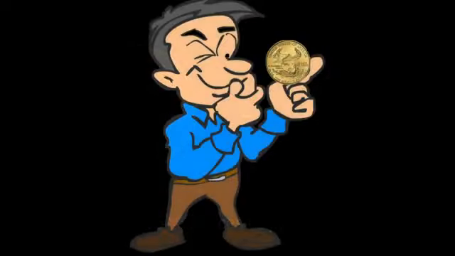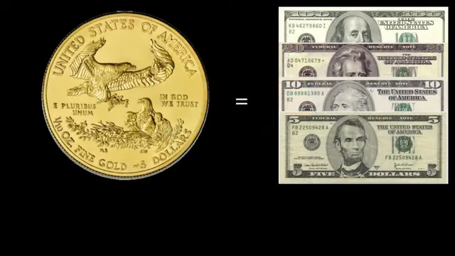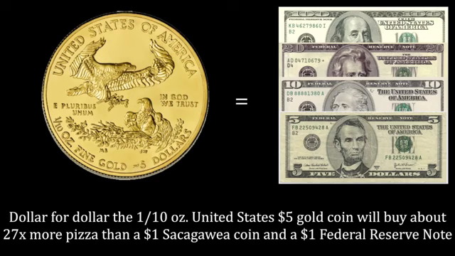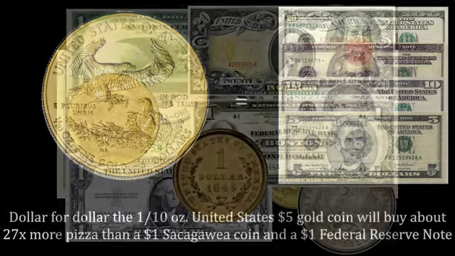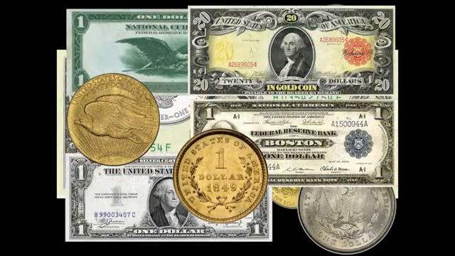We could take this coin to a coin dealer and probably receive around 135 Federal Reserve notes for it. Dollar for dollar, it would buy 27 times more pizza than a $1 Sacagawea coin and a $1 Federal Reserve note. This means that in the free market, not all dollars are created equal.